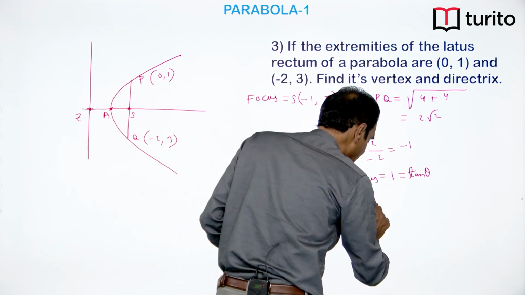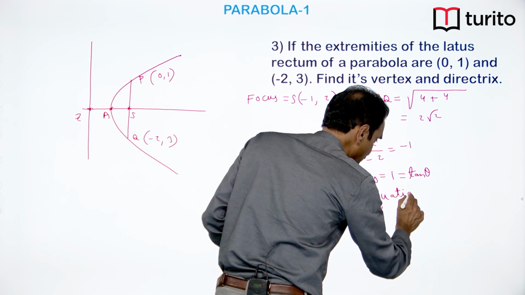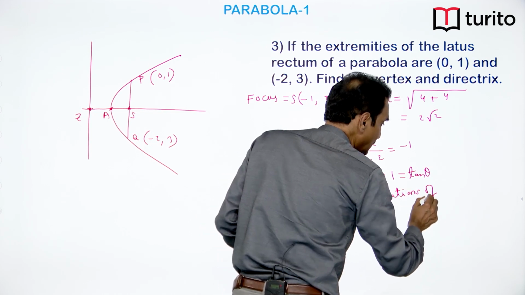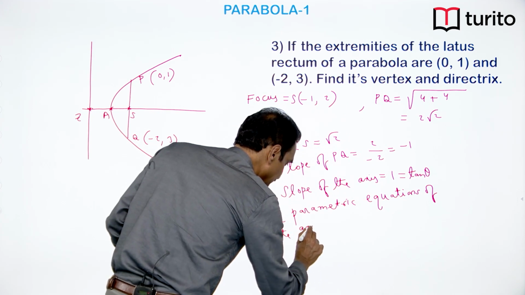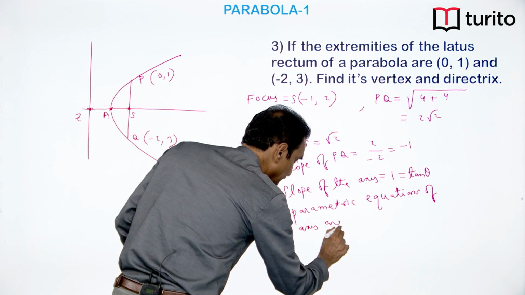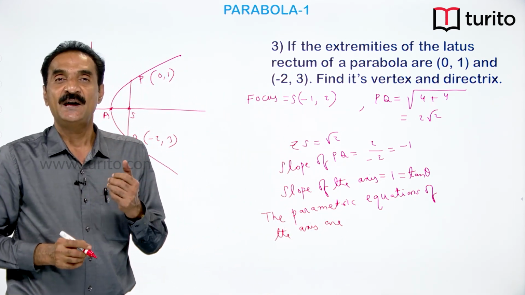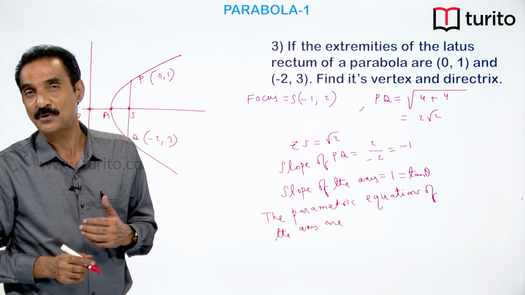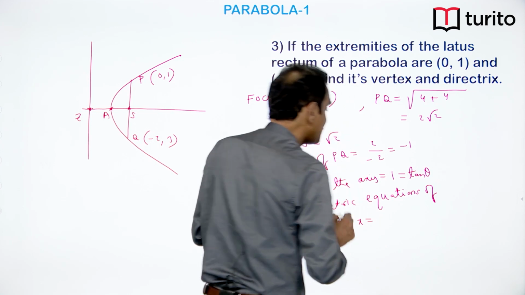The parametric equations of the axis are, how to write? X is equal to h plus r cos theta, y is equal to k plus r sin theta.